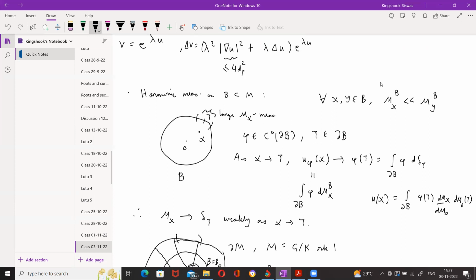Yes, right. But now this Radon-Nikodym derivative is nothing but the Poisson kernel of the ball. So this is P, let me call it super B. This is a function of x and xi. So this is the Poisson kernel of the ball, this Radon-Nikodym derivative.